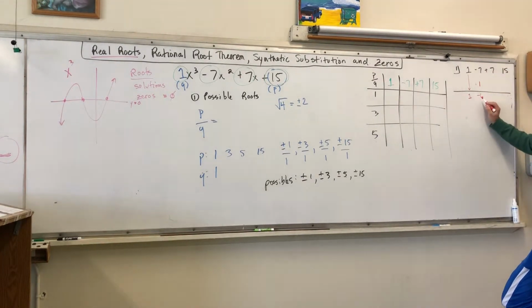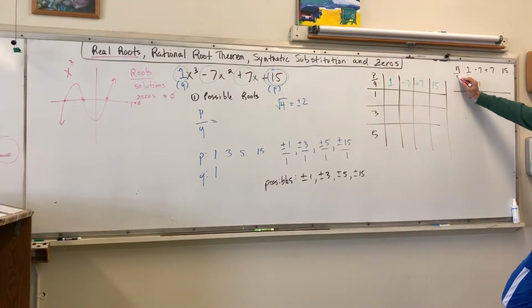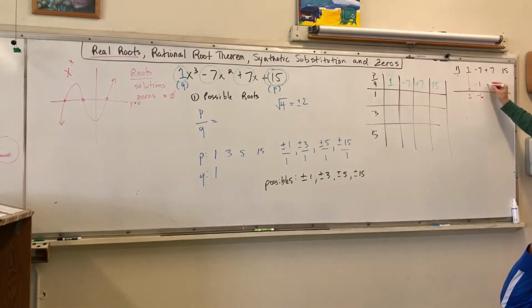And then you take this value here and you multiply it by your possible root here, which would be 1. So then you have -6 times 1, -6, which gives you a -1 here. -1 times 1, that gives you a -1, and that's a 14.